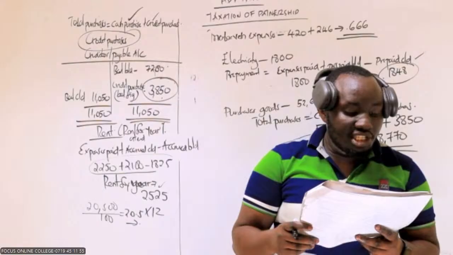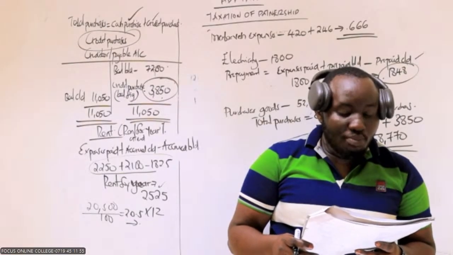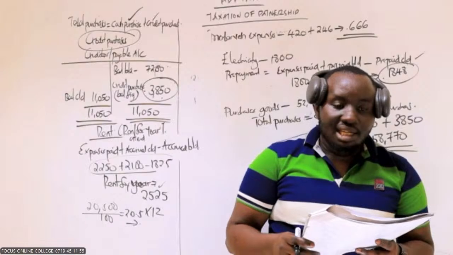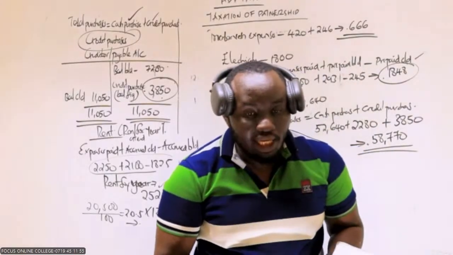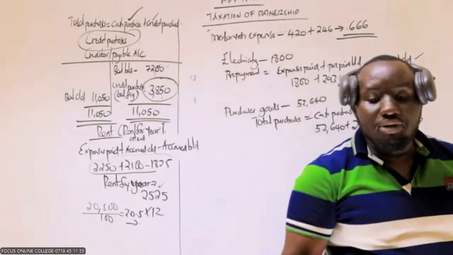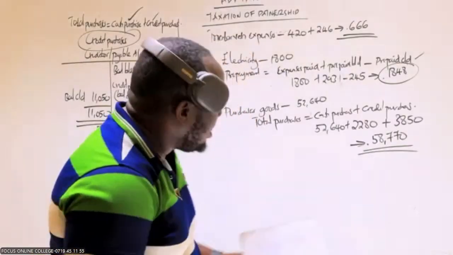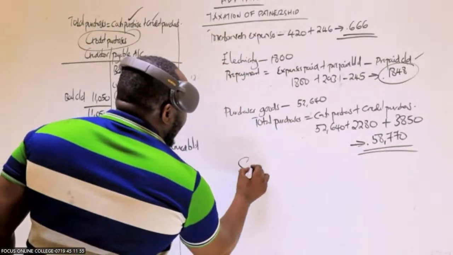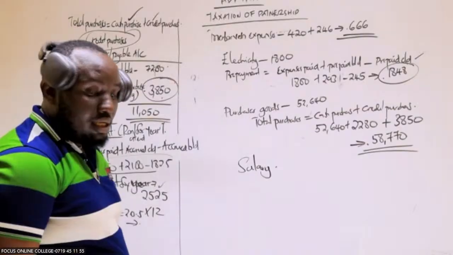Then you have what is called salaries and wages. Remember, you must also take note: if there are salaries for the partners, then that is non-allowable, and that should only go to the income allocation schedule. Are we together? However, the examiner has not told us salaries to the partners. So we just come here and get the working for the salary. How do I adjust salary?